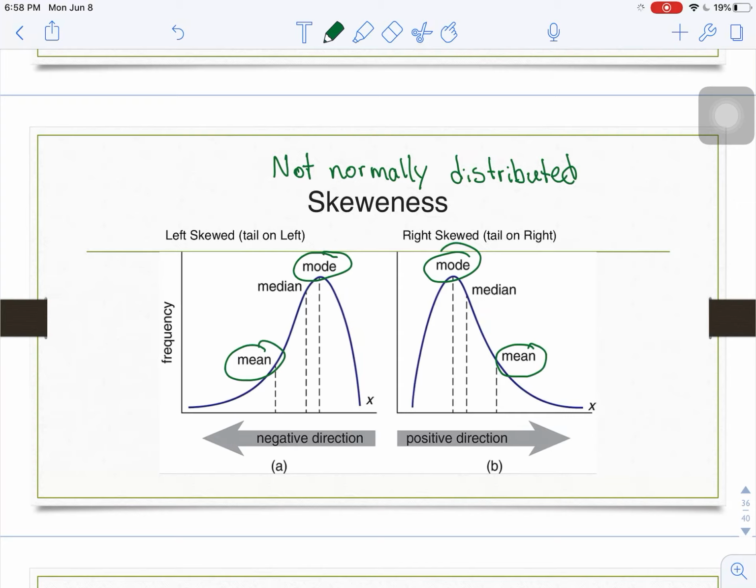Your mode is going to be at the peak. Your median is somewhere between the mean and the mode. So if you have an average that's lower, it's going to be a negative direction. It's left skewed or left tailed. If the mean is higher, it is right skewed or right tailed.